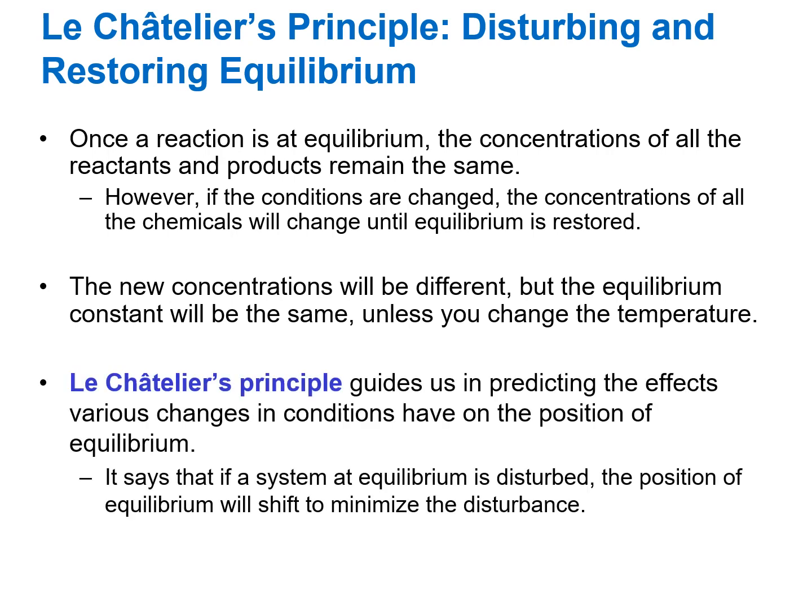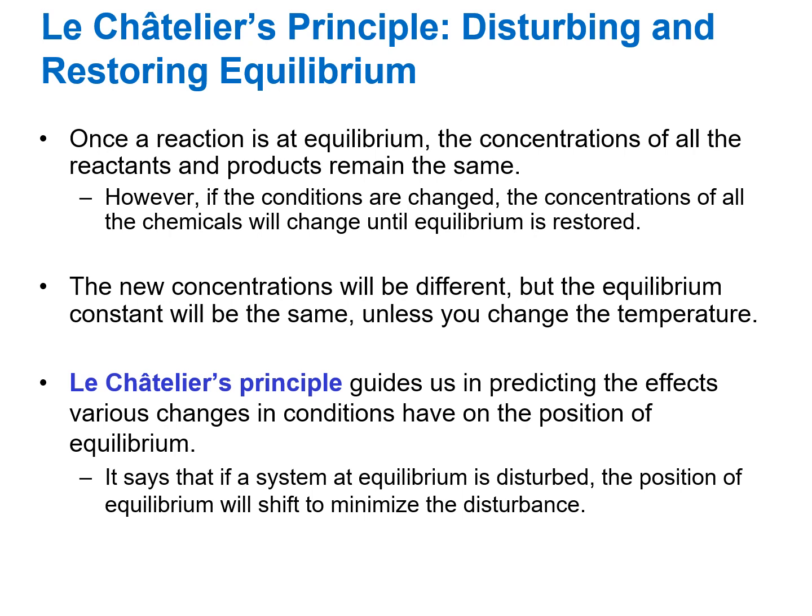So Le Chatelier's principle guides us in predicting the effects that changes can have on the position of equilibrium in a system that is in equilibrium. So he was playing around with figuring out, well, I've got a system in equilibrium, and what happens if I add more reactant? Well, what happens if I remove reactant? What happens if I add more product? So he was seeing what was happening in those scenarios.